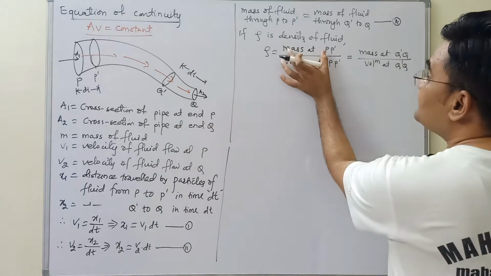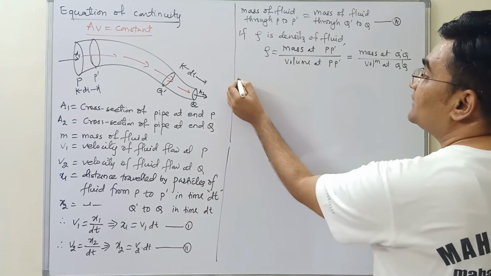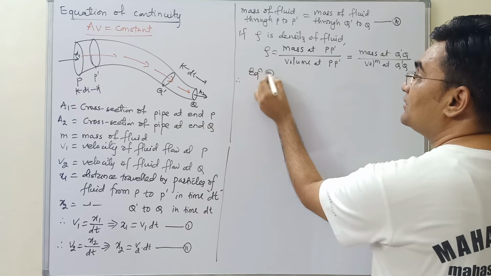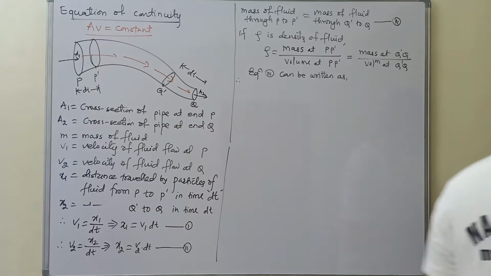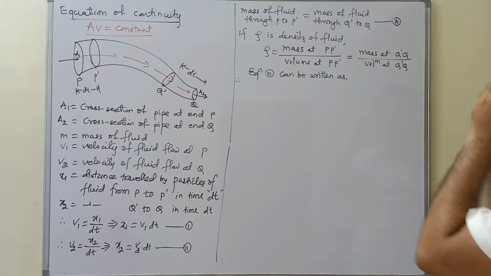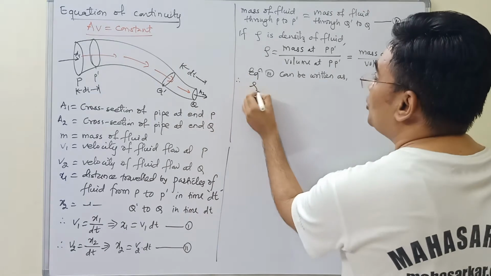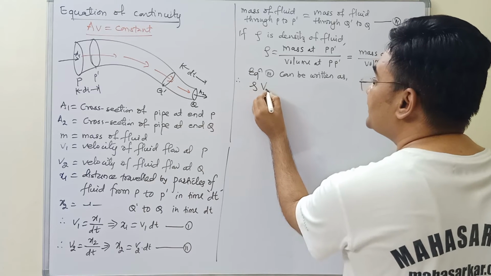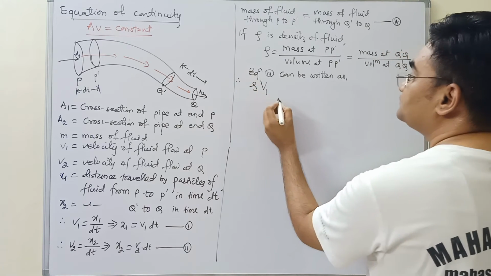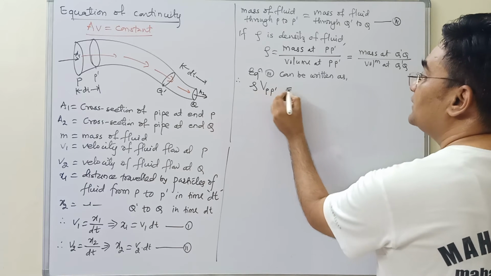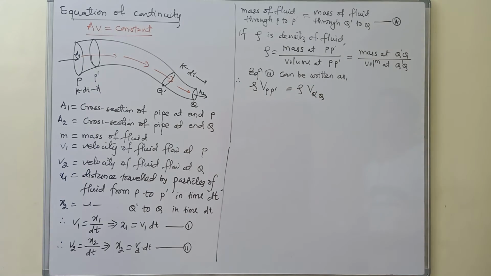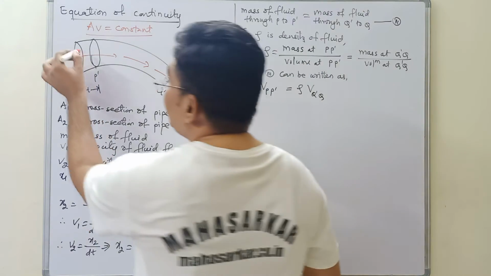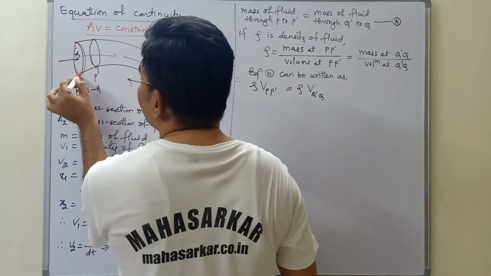Writing the values of mass in terms of density and volume, rho into V1, or V from P to P dash, is equal to rho into V from Q dash to Q. See, this much area and this much distance.